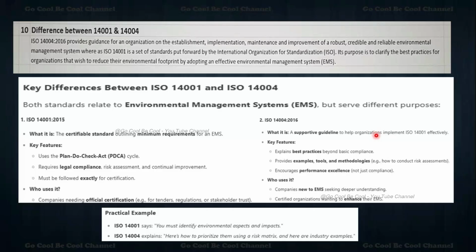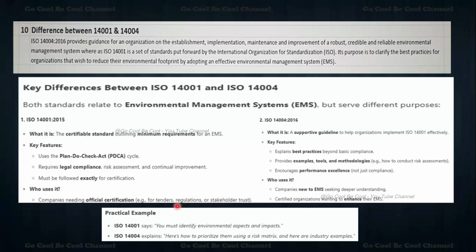Also key feature is explaining best practices beyond basic compliance, providing example tools and methodologies, encouraging performance, and so on. So who uses it? Companies new to EMS seeking deeper understanding and certified organizations wanting to enhance their EMS. If the company is more stringent about taking care, like gas and oil companies where other potential uncertainty is going to happen, the expert will catch all those here.